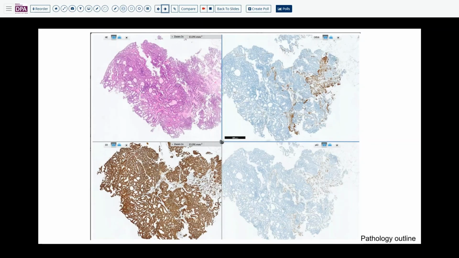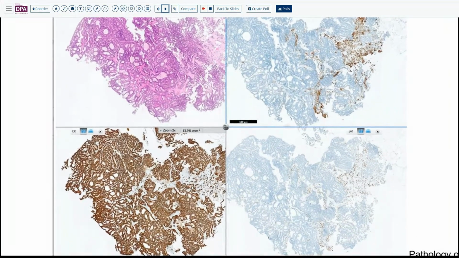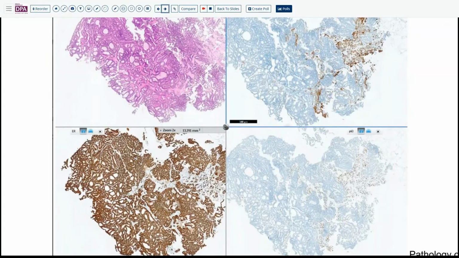If it is a benign breast, even intraductal papilloma, ER staining should not be like this. We have some darker staining or lighter staining showing the heterogeneous population, not this diffuse and strong. So ER staining also can help you determine whether this is a clonal process in this lesion.